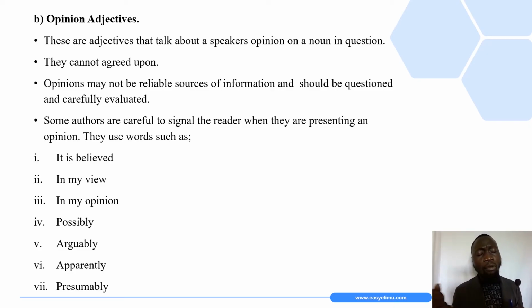Some authors, in most cases, are careful to signal to readers in their literary work when they are presenting an opinion. They use words such as "it is believed," "in my opinion," "in my view," "possibly," "arguably," "apparently," "presumably," and so on.